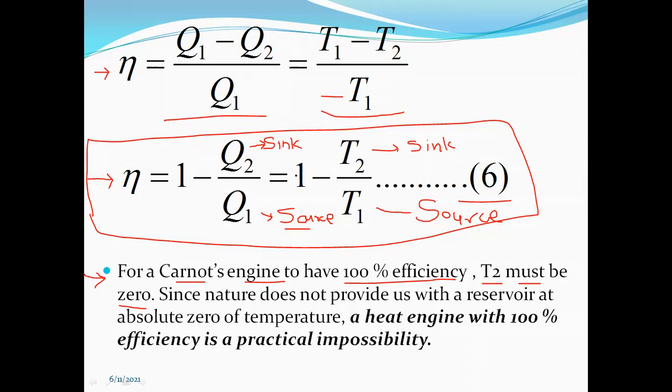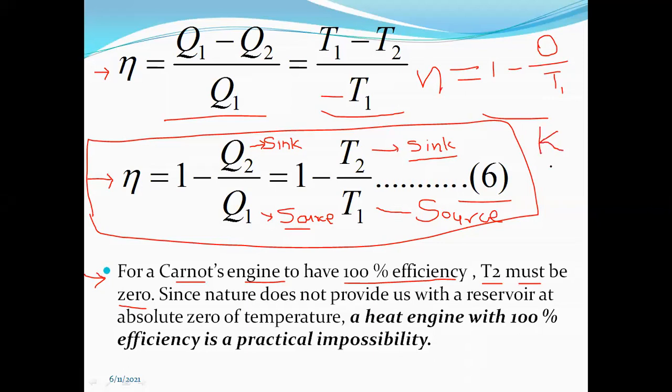T2 must be 0 means, just imagine that eta is equal to 1 minus T2 upon T1, with T2 equal to 0, so eta is equal to 1 minus 0 divided by T1. Here 0 is the temperature of the sink, that is T2. But if the temperature of the sink becomes zero, we are talking about temperature in Kelvin.